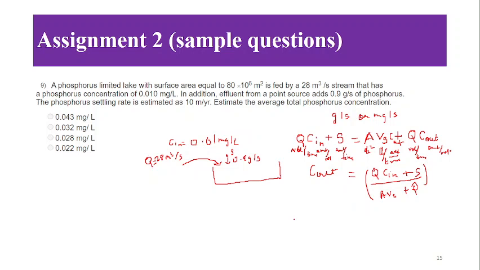Q will be 28 meter cube per second. We need to convert it to liters, or if it is milligram per liter, we can convert it to milligram per meter cube, because the units need to be consistent.